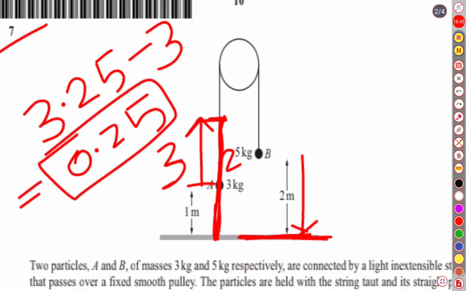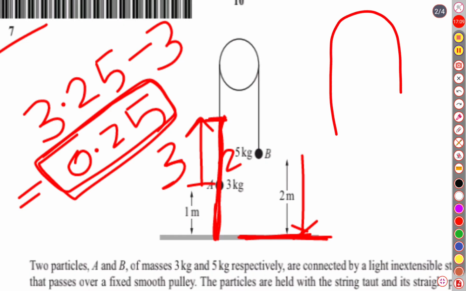So this is one of the concepts. As I have told, the question seems very simple, but it's a twisted question. We are going to find out the twist little by little. The first twist is that it requires 0.25 meter to be traveled. The second twist is that A is moving upward, so what will happen at one stage?